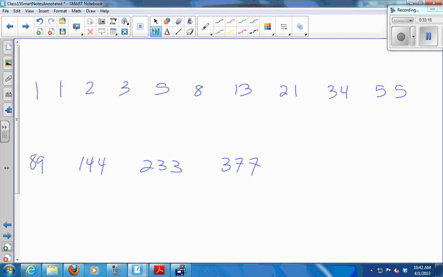So F13 is the 13th number in this list: 1, 2, 3, 4, 5, 6, 7, 8, 9, 10, 11, 12, 13. So I replaced F13 with 233. And F12 is the 12th number in the list, 144.